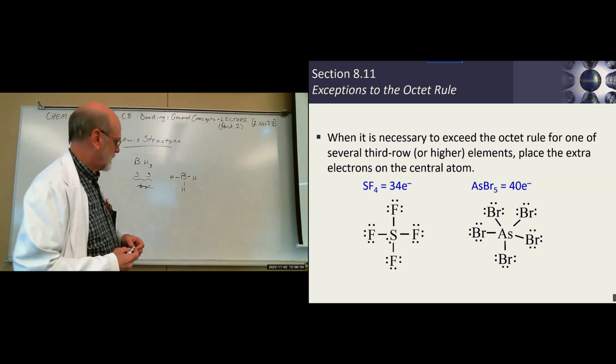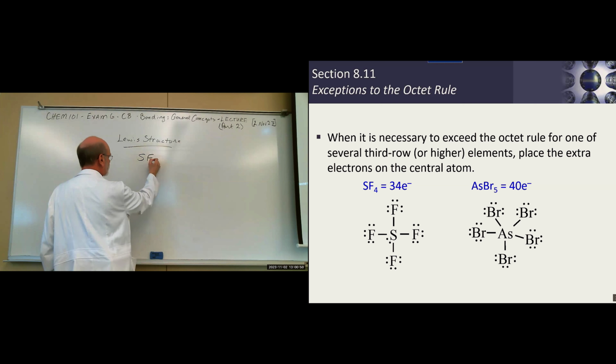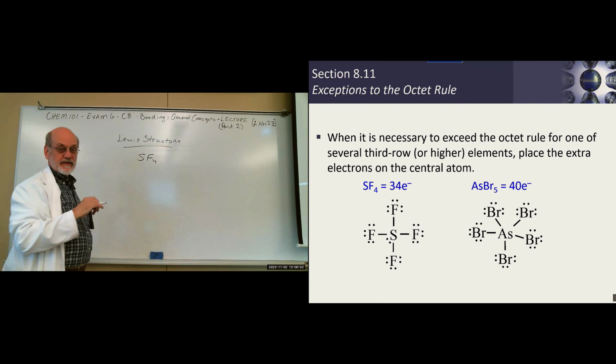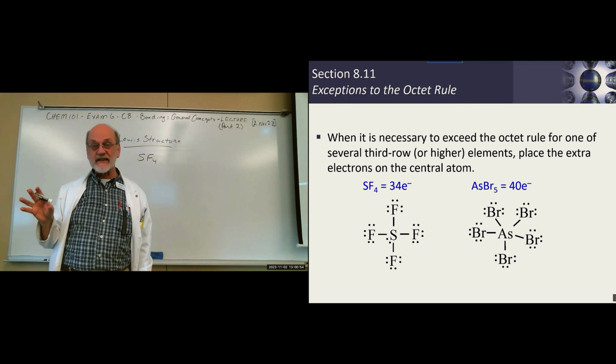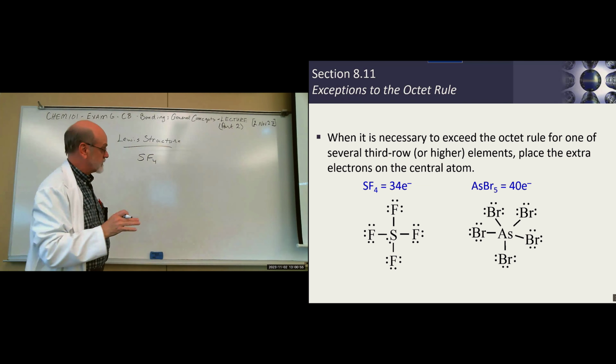So we'll take one of these. Let's say sulfur, yeah, sulfur tetrafluoride. Okay. Sulfur is in oxygen's group, so it has 6 electrons. Each fluorine has 7.